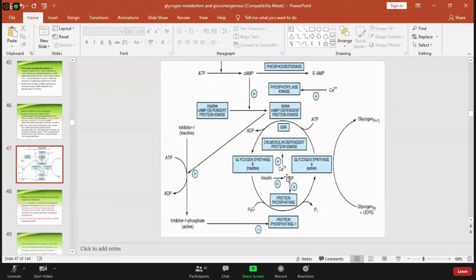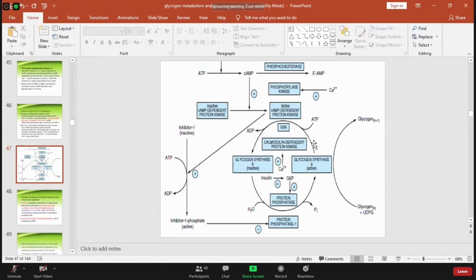Calmodulin dependent protein kinase inactivates glycogen synthase. Phosphatase is activated by insulin and glucose 6-phosphate, and this protein phosphatase converts glycogen synthase B to glycogen synthase A, the active form.